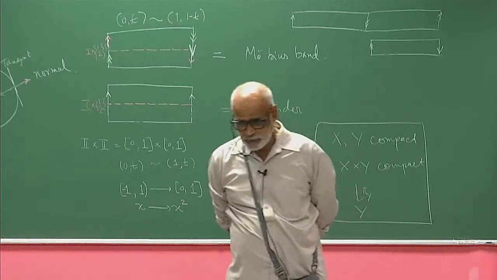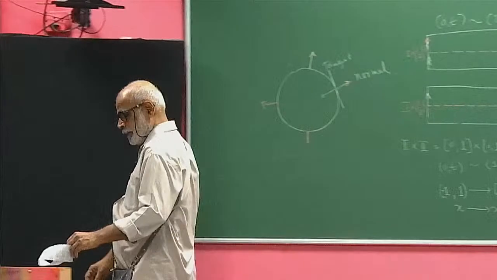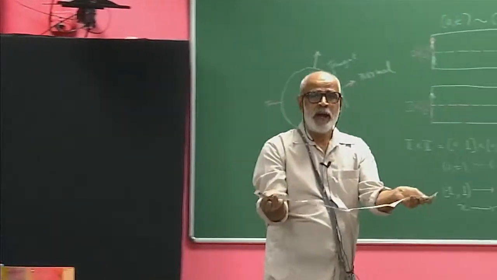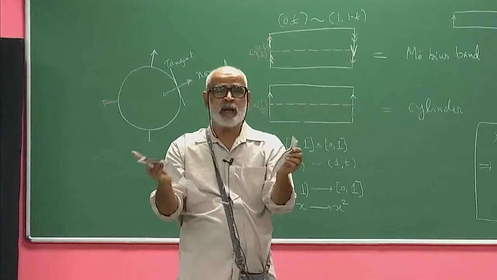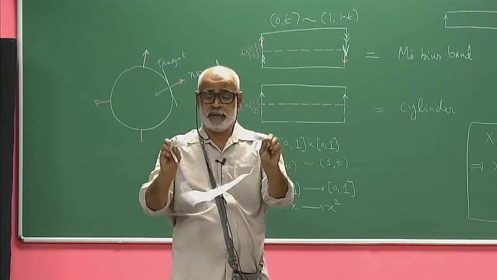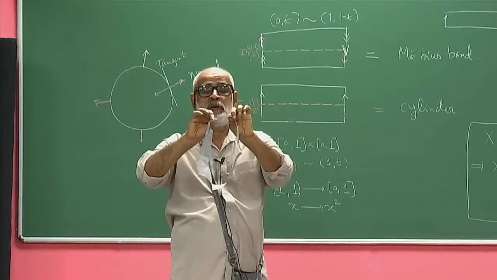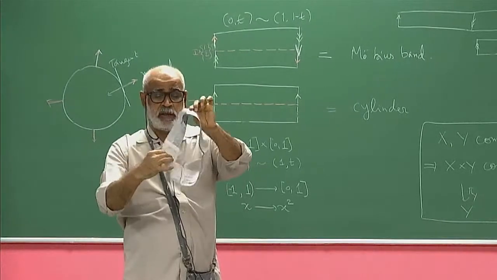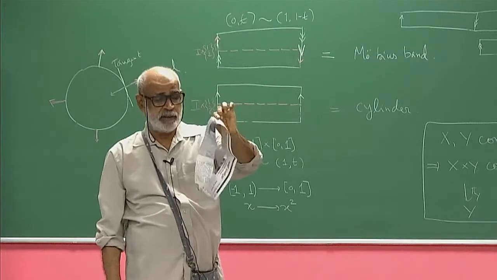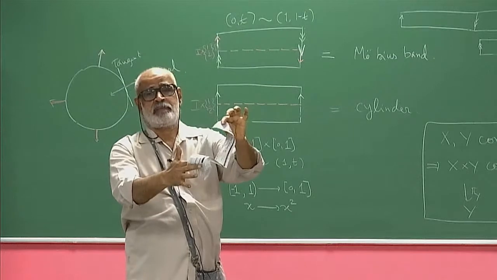It is not a band with 2 twists, I want to correct it. It is again a cylinder, but while bringing it here you have forgotten, your travel is too long and so on, you come back like this and put it this way. So there is one full twist inside that one. Okay, topologically it is the cylinder, but the way it is embedded in R3, that is different.